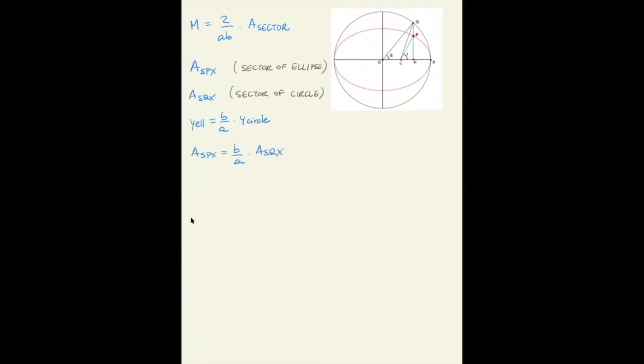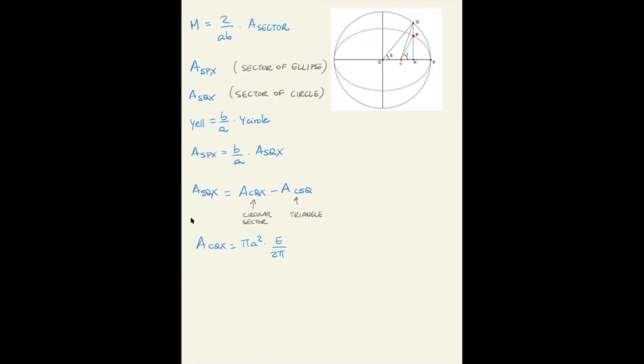And because this is a circle, we can calculate the area of the sector. The area of the sector SQX is equal to the area of the sector CQX minus the area of the triangle SCQ. The circular sector CQX comprises an angle big E of the full 2 pi circle. So its area is pi a squared E over 2 pi, since it's a fraction of the full 2 pi circle.